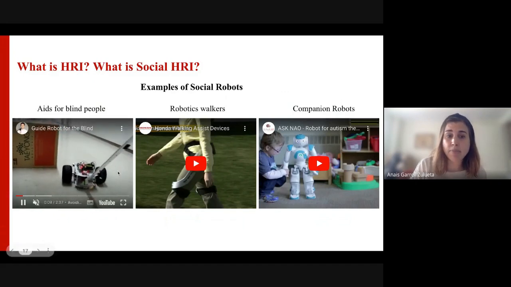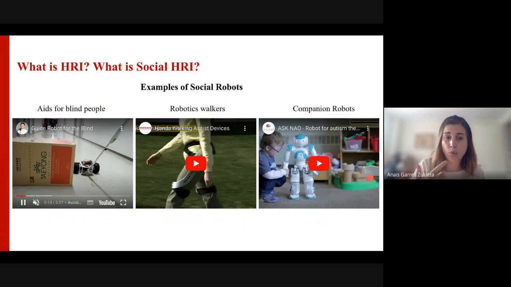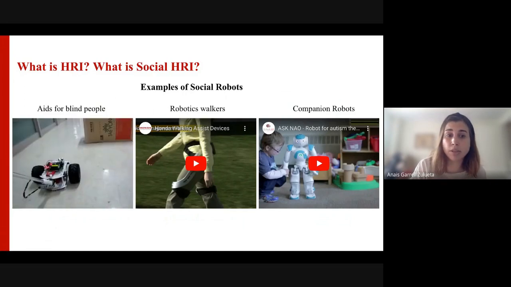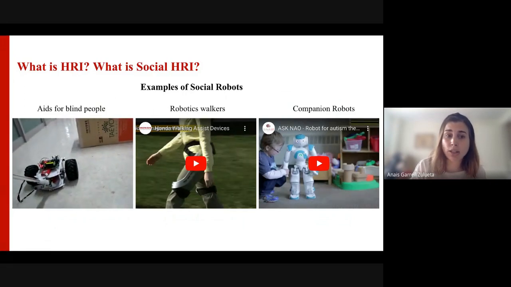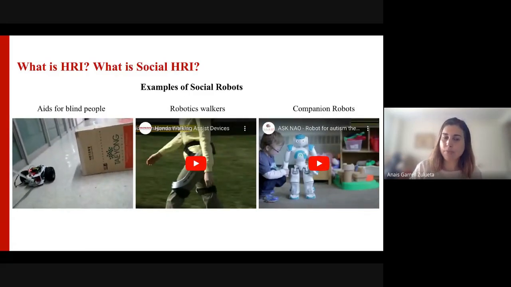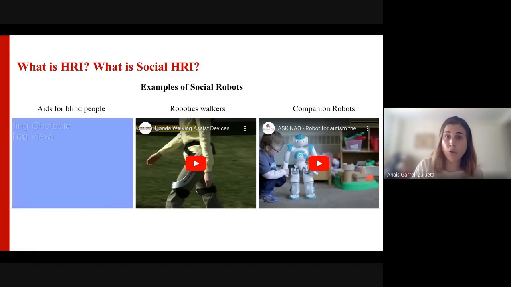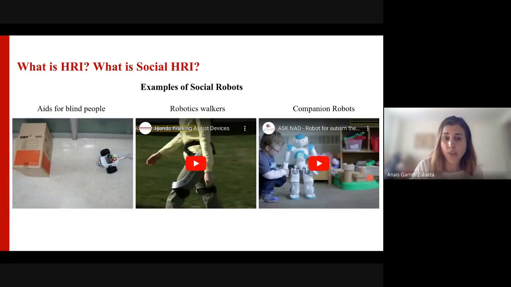Depending on what the robot sees, the robot will vibrate or not. Using this, the person can avoid obstacles, can also avoid stairs, or at least understand that there's a stair. And if there are other people in the way, the robot can also communicate with that person. But here the communication is done just using this stick.